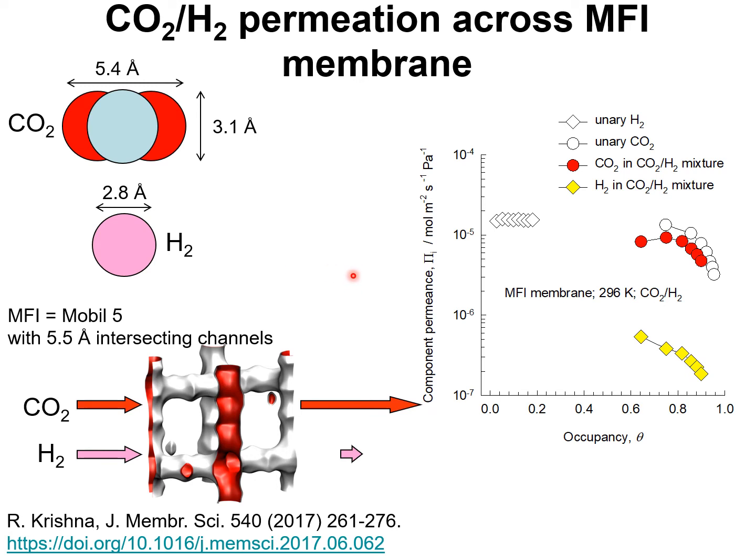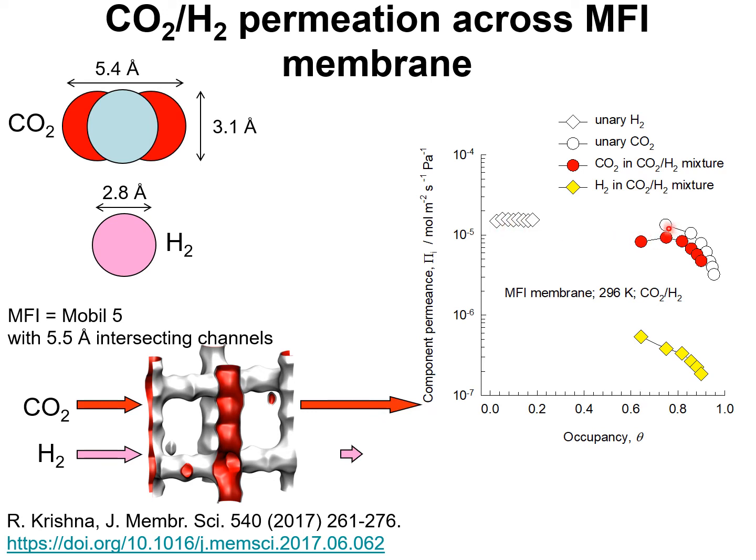Let's first consider the data on the unary permeation of hydrogen and CO2. The unary permeances are plotted here with open symbols. The diamonds are for hydrogen, unary permeance of hydrogen, and the circles represent the unary permeance of CO2. Due to the much stronger absorption strengths of CO2, the occupancy within the membrane is significantly higher than the occupancy of hydrogen.